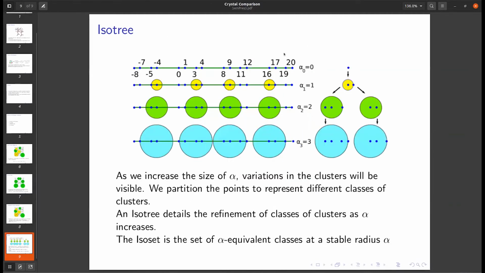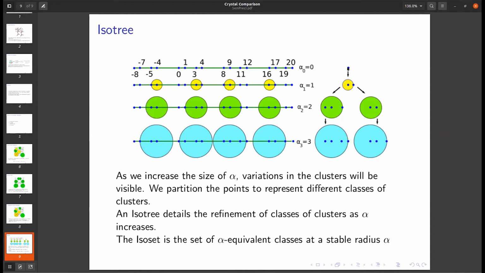And now we're going to demonstrate a little tree here. So this is a one-dimensional example. And we're looking at what happens to the partition, these alpha equivalent classes, as alpha increases. So we have alpha as 0, very, very small. Every neighborhood is just the point on its own. And so they're all equivalent. And this represents the equivalence classes here.